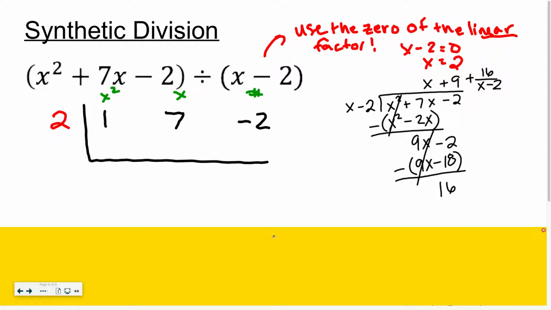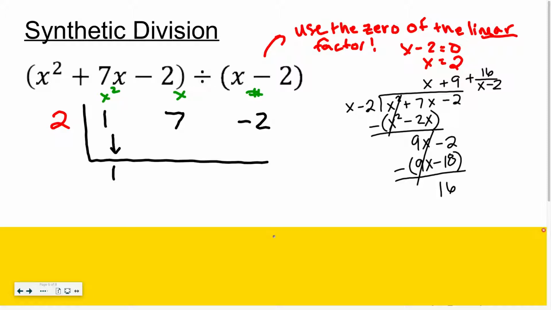Okay, here are the rules to synthetic division. Follow them in this order. Add down and multiply until you get to the end. Repeat. So the first one is add down. This one's always very easy. There is nothing to add. So your leading coefficient just drops. 1.